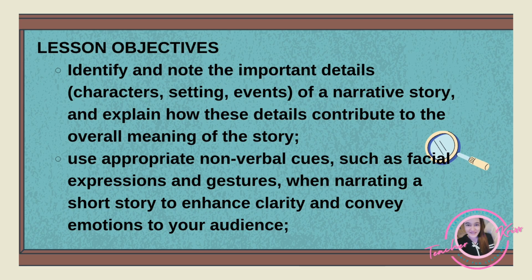Lesson objectives. Identify and note the important details, characters, settings, and events of a narrative story, and explain how these details contribute to the overall meaning of the story. Next is use appropriate nonverbal cues such as facial expressions and gestures when narrating a short story to enhance clarity and convey emotions to your audience.